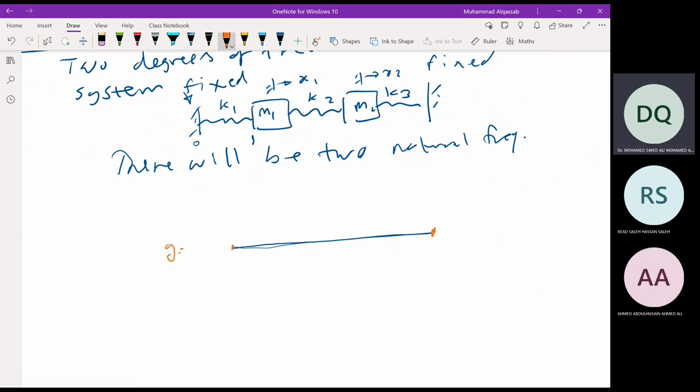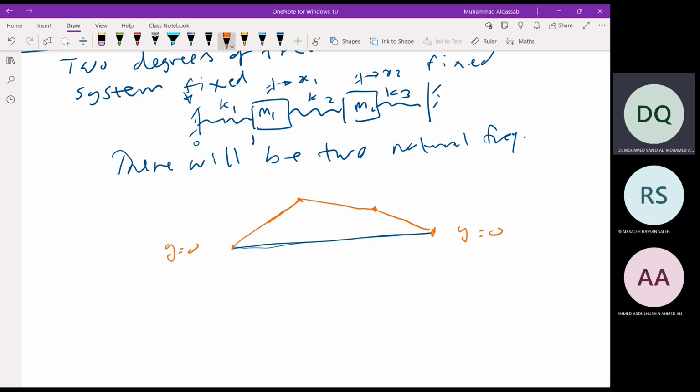Y is 0 here because this is fixed. If x1 and x2 move in the same direction, maybe one smaller than the other one, I can just assume that's what we will get. So there is no node here.